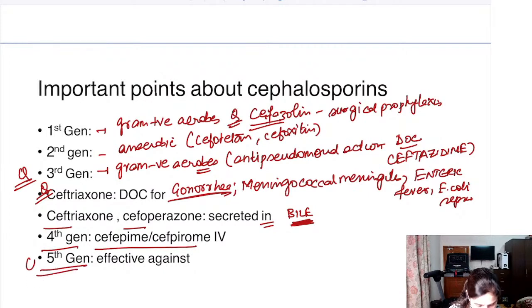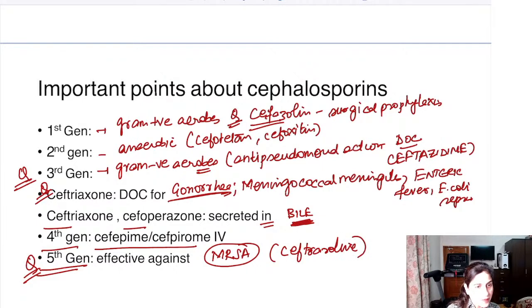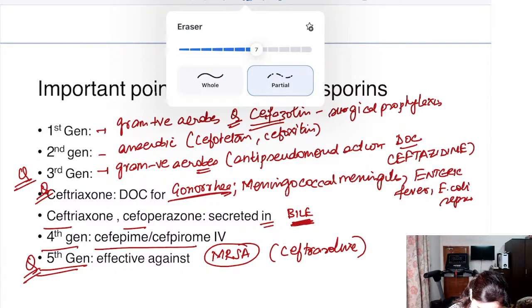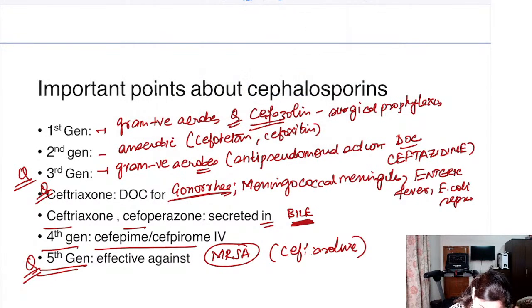In the fifth generation, the important point is that it is effective against MRSA. That is the important thing here. It is effective against MRSA.